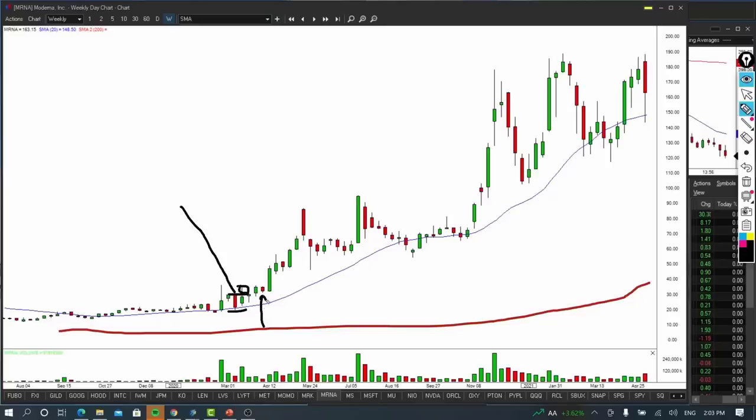Red bar, not too far away, color change, in. Boom! Okay? Red bar, near, color change, boom! Boom!